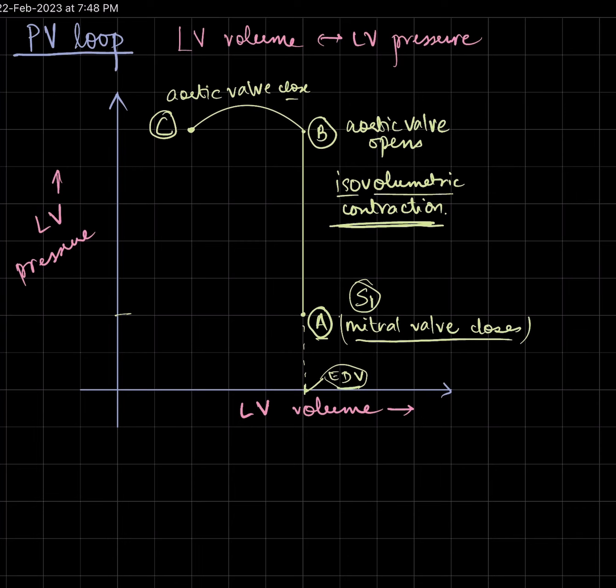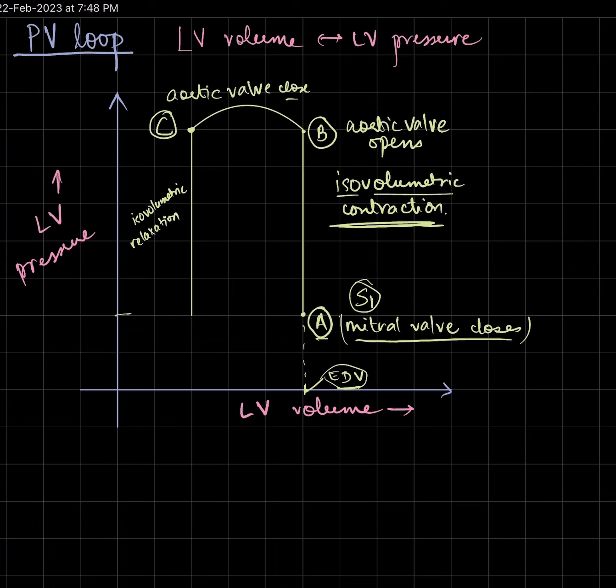All the blood has gotten out and the aortic valve has closed. Now it's time for the left ventricle to relax. The left ventricle relaxes, the pressure keeps on decreasing, and the volume stays the same more or less. This phase we're going to label as isovolumetric relaxation.